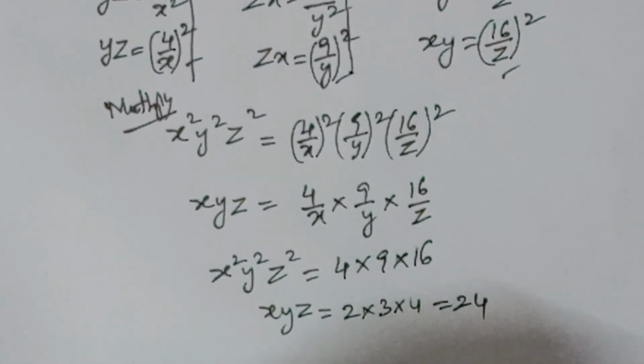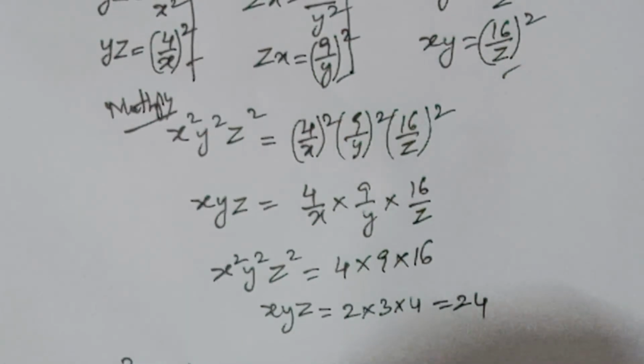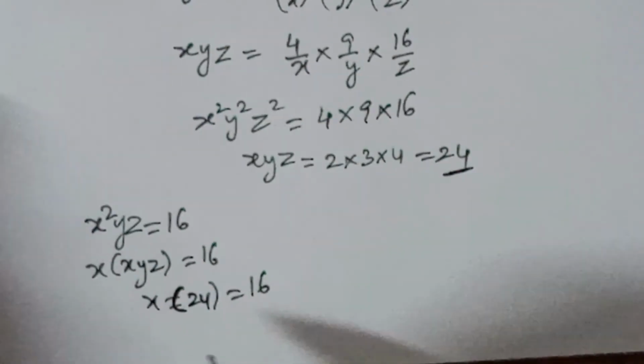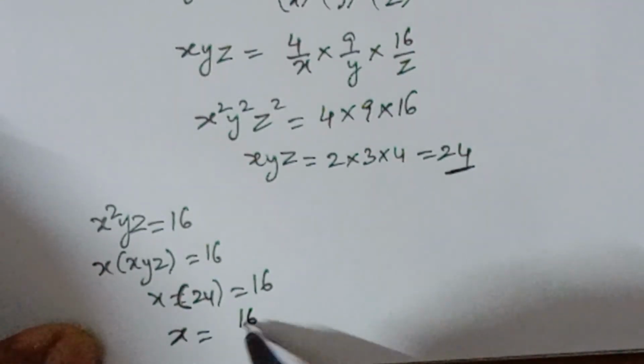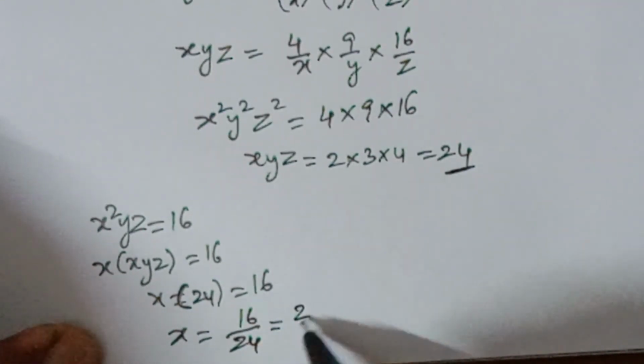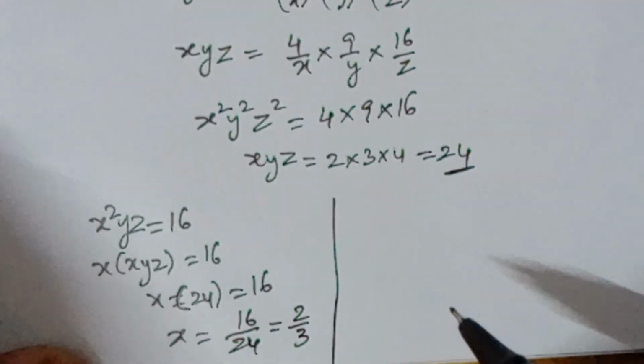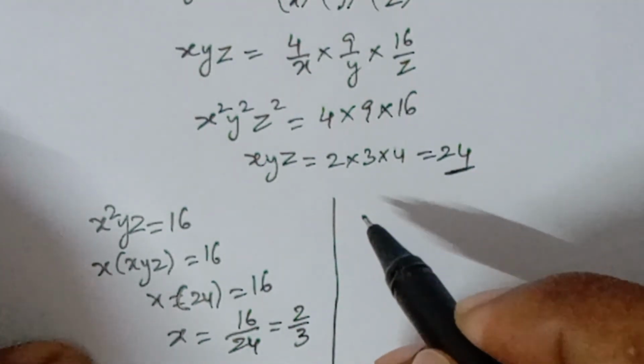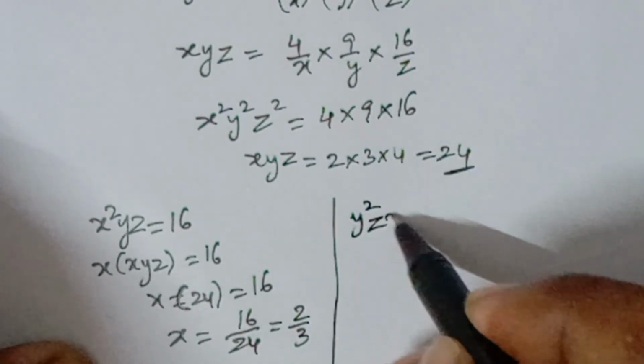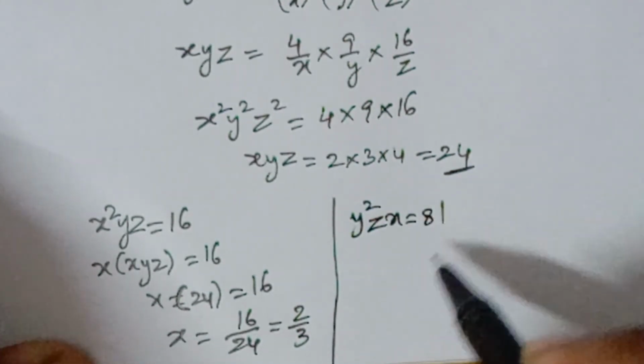From the first one, x square yz is equal to 16. You can write it as x into xyz is equal to 16. x into 24 equal to 16. So x value is 16 by 24, that is 2 by 3. Now for y, y square zx is equal to 81.